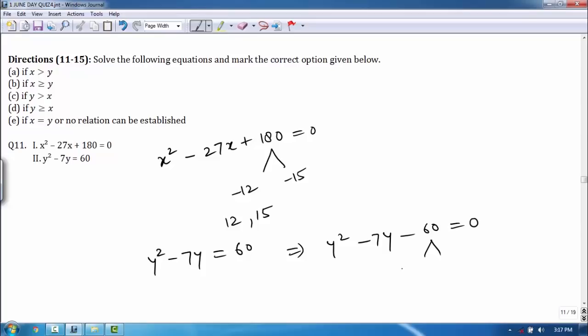So we can divide it as minus 12 plus 5. By adding these two numbers we get minus 7y. So after changing the sign we get 12 and minus 5 as the roots. So from here we get x is greater than or equal to y.